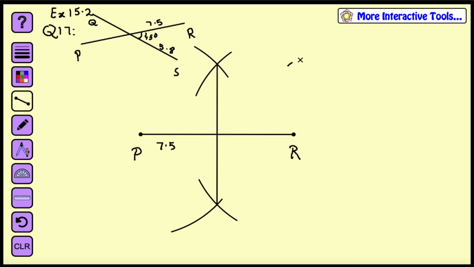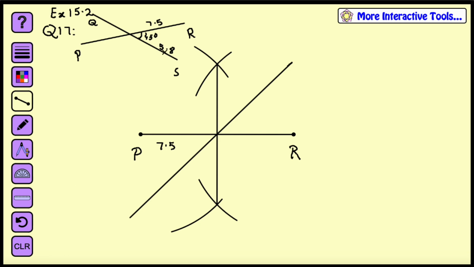Now draw a line. Draw a line, and then after that what will you do?